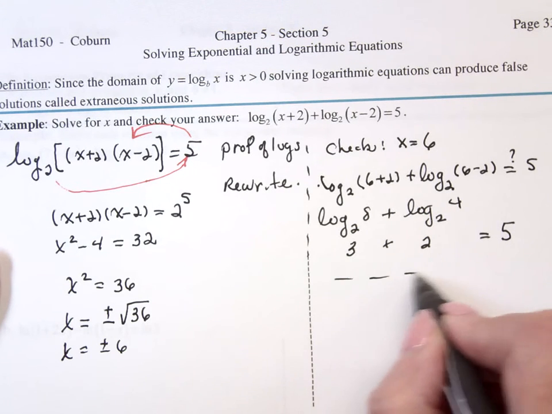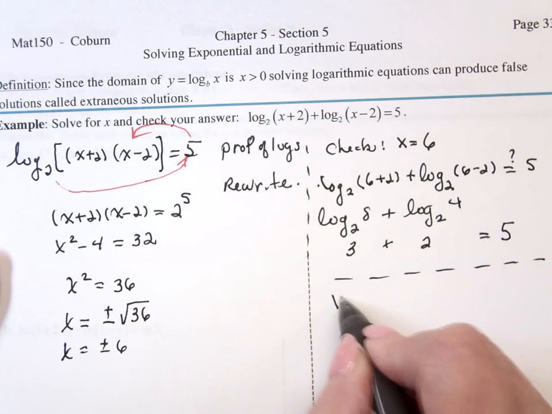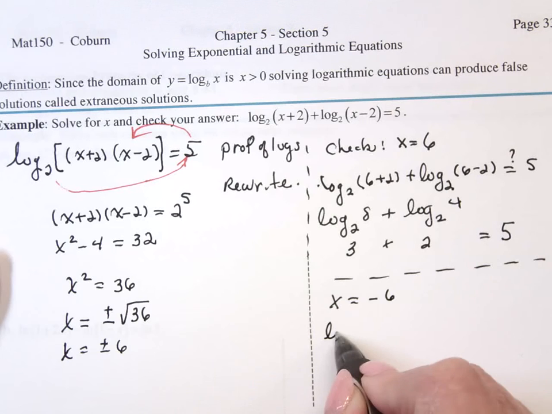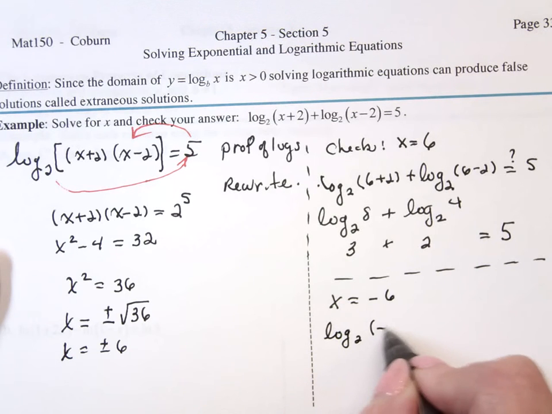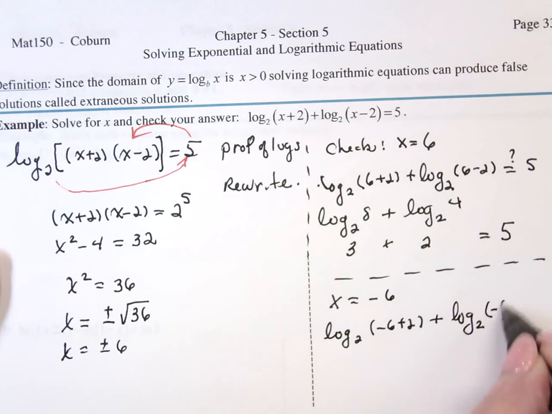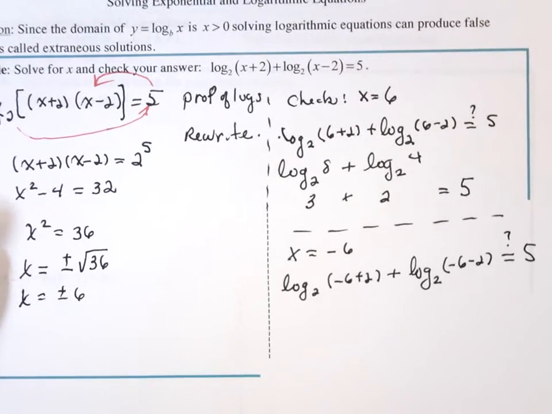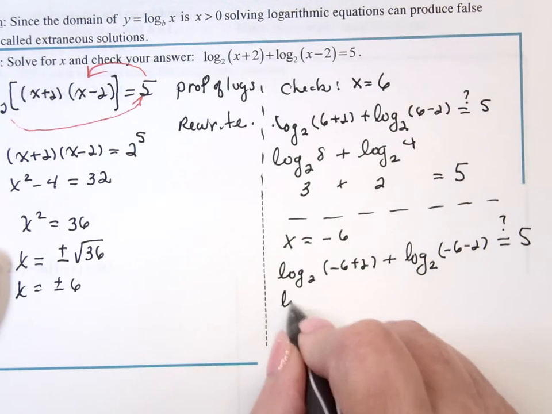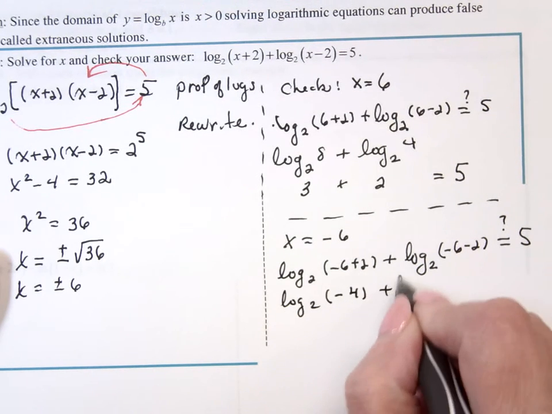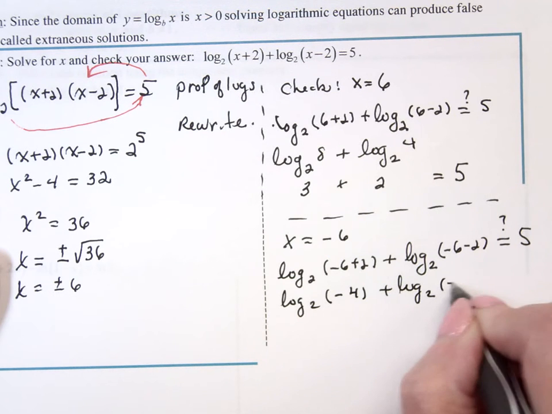Suppose x equals negative 6. I have log base 2 of negative 6 plus 2 plus log base 2 of negative 6 minus 2. Is that equal to 5? This gives me log base 2 of negative 4 plus log base 2 of negative 8.